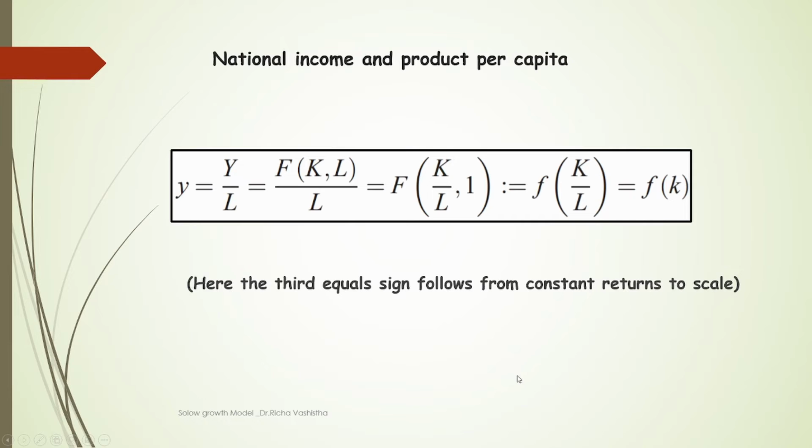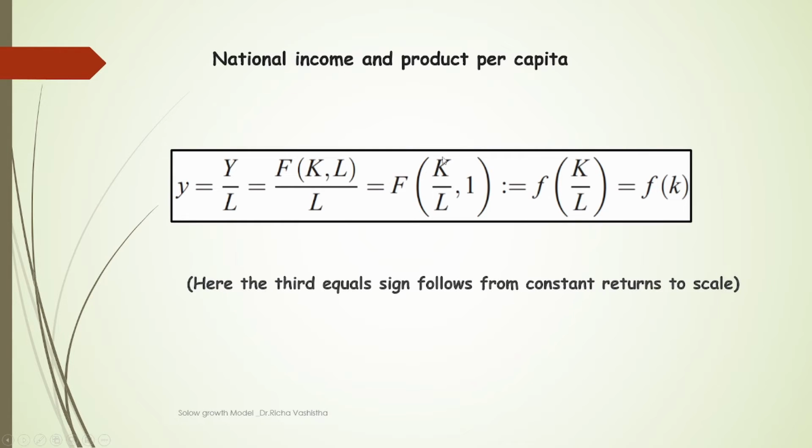Now the national income and product per capita. Here small y, as we have seen, the lower case will always denote the per capita part. Small y is equal to capital Y, which is the national income, upon capital L, which is the labor force. As we have already seen, Y depends upon these two factors, K and L, capital and labor.